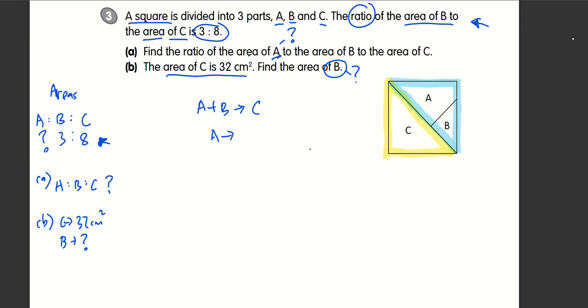If A and B put together, you get C, and C is 8 units, and B is 3 units, according to the ratio here. So A will be, using C, 8 units, minus B, that's 3 units, to give you 5 units.